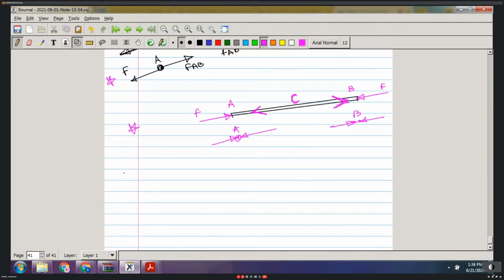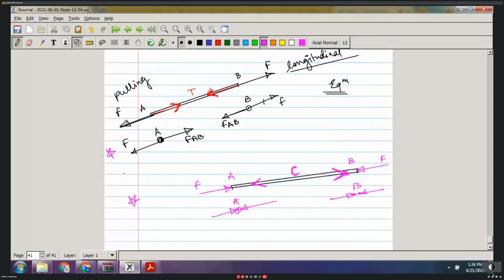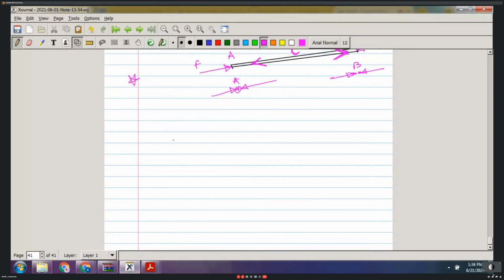It is exactly opposite for members and joints. When we say that there is some member resting at joint A that is in tension, I will show it like this, an arrow going away from the joint. But when I want to say that member AB is in tension, I need to show that tension by arrows towards each other.